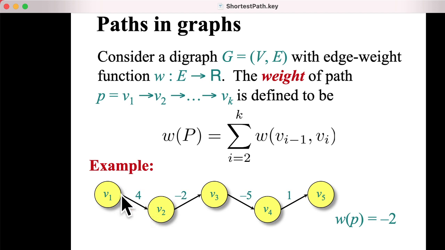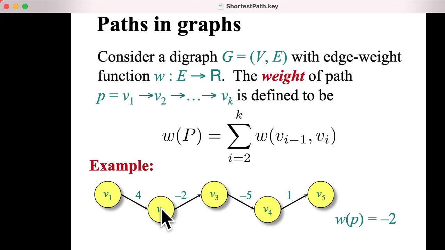I assume that maybe my graph is given with a weight or a cost assigned to each individual edge. For example, to use the edge from V1 to V2 will cost me $4. To use the edge from V4 to V5 will cost me $1.